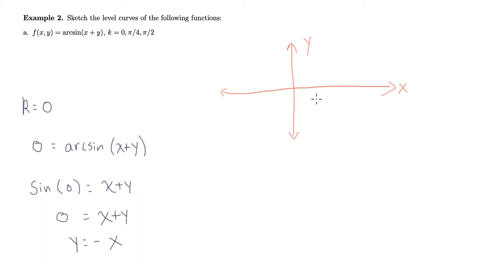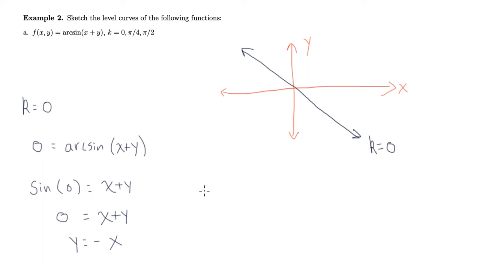But this is a line passing through the origin of slope negative 1. So my level curve is going to be this line, y equals negative x. So this corresponds to k equals 0. If you want to think in terms of elevation, all of the points on this line have the same elevation.